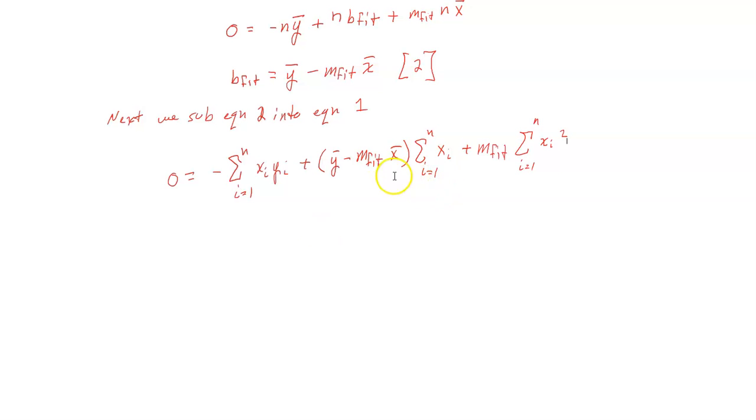So now we can solve this for m fit. We factor m fit out, we move this over, and then we divide by what's left, and we get the following. m fit equals the sum from i equals 1 to n of xi times yi minus y bar divided by this sum, which in the end you will recognize is what we just gave you from last class.